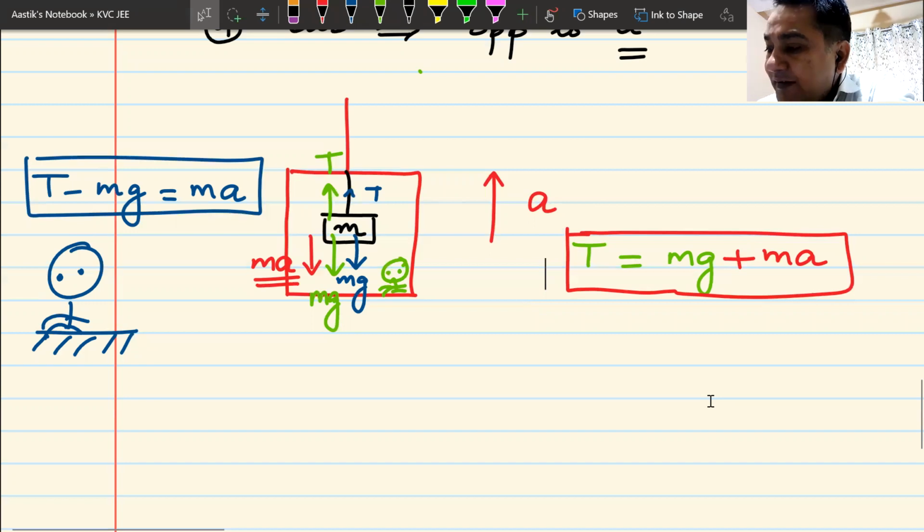I am making 4 cases. In all the 4 cases, you have to write the equation from the left. Let us start.